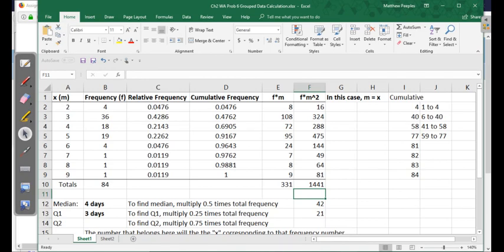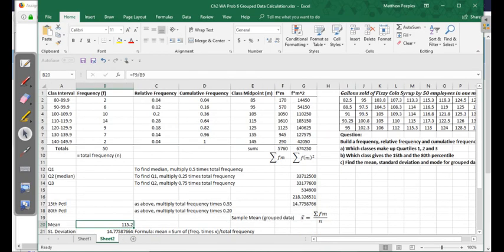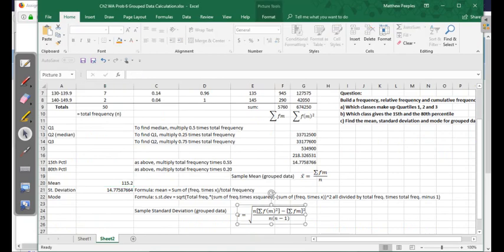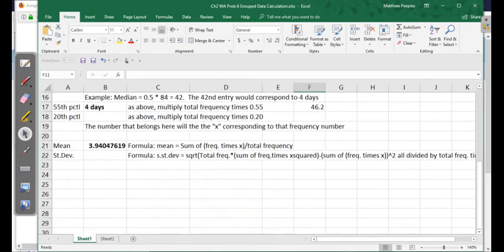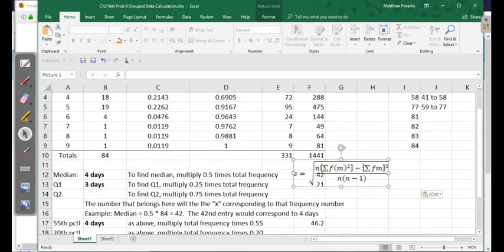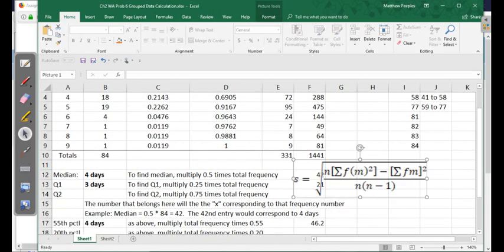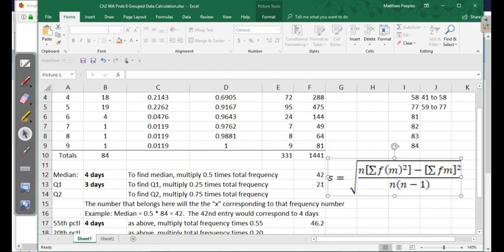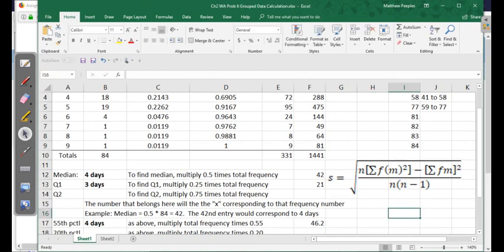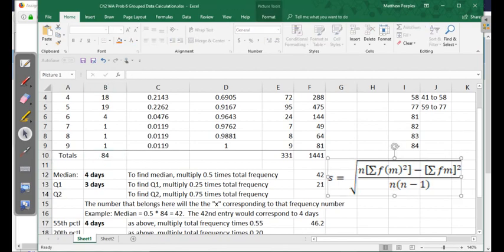So what does that do for me? Well, my formula here is a weird one to look at, so let me bring it on over here. Here's my formula. It says to find the standard deviation, take n, which is your total frequency, times the sum of all your FM squared.